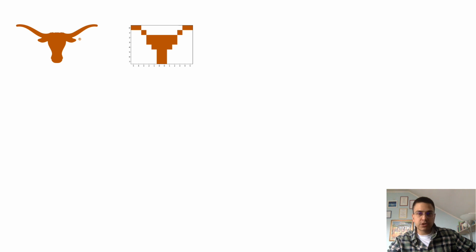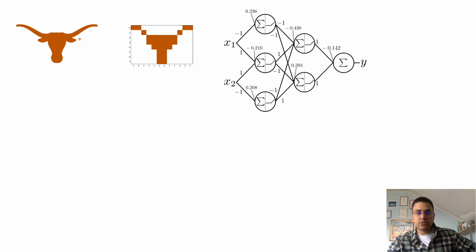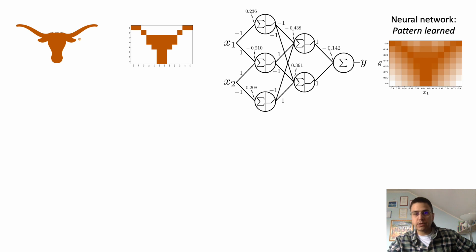We used this discretized version to train a neural network that, based on a coordinate x1 and x2, outputs a color value. This is the neural network that we learned, and this is how the output of the neural network looks. Based on the position in space x1 and x2, this is the output of the neural network. And if you discretize this output, if you cut it at 0, you will get exactly the same pattern as shown here, as initially trained on.